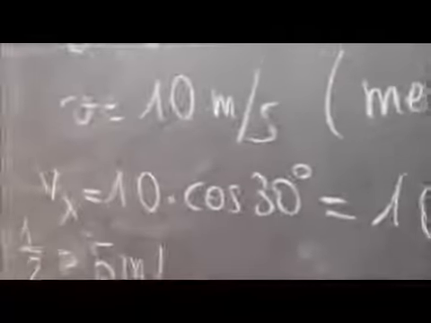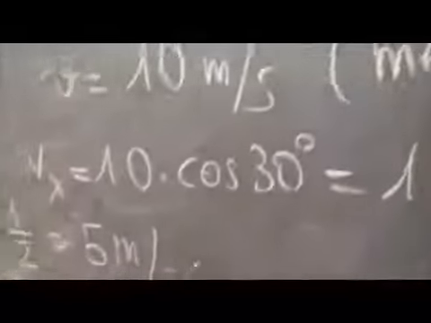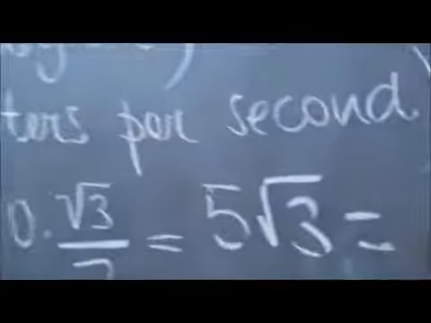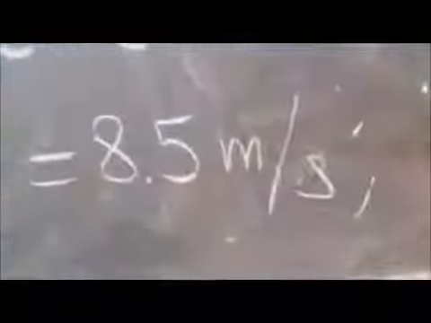The horizontal component v sub x is equal to v times cosine theta, which in this case is 10 times cosine of 30 degrees. That is 10 times square root of 3 over 2, which is 5 times square root of 3, which is 8.5 meters per second.